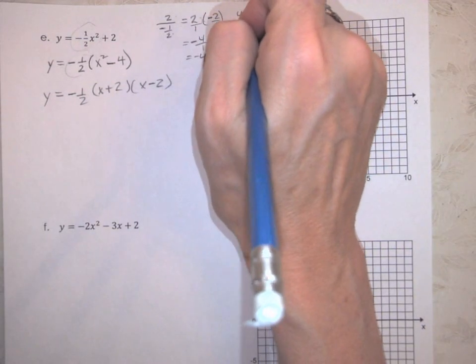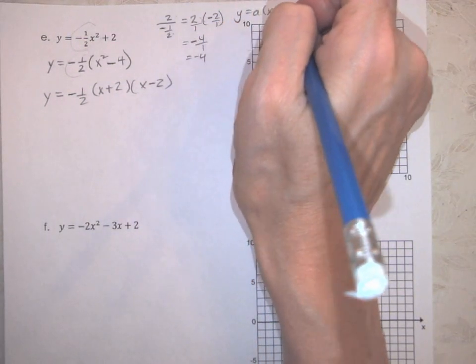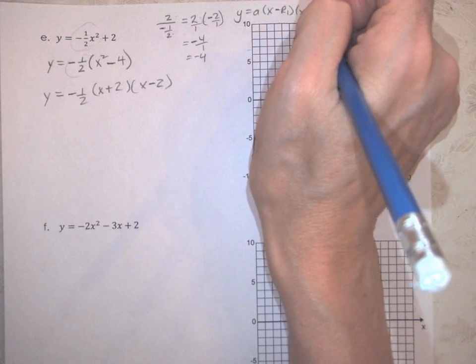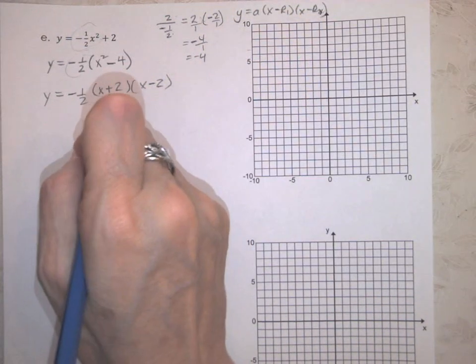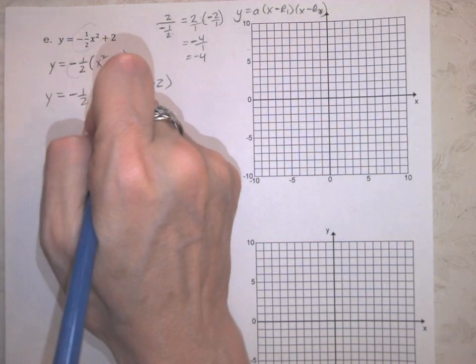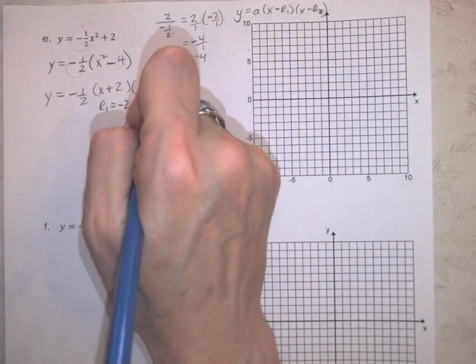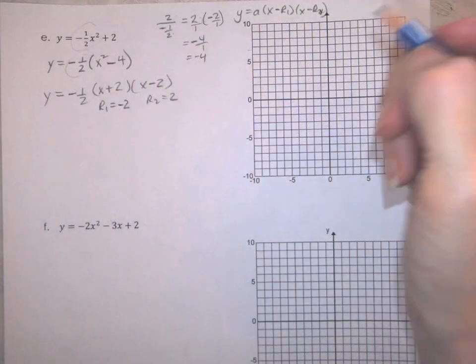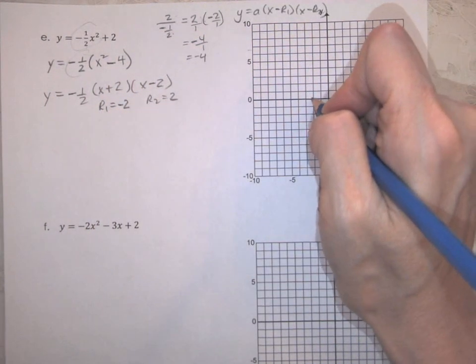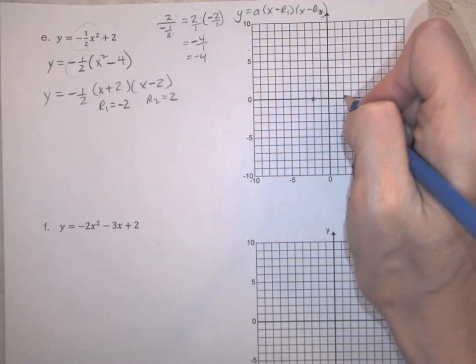Remember intercept form. So because we see a plus 2 here, R1 must be -2 and R2 +2. So we can put those on our x-axis.